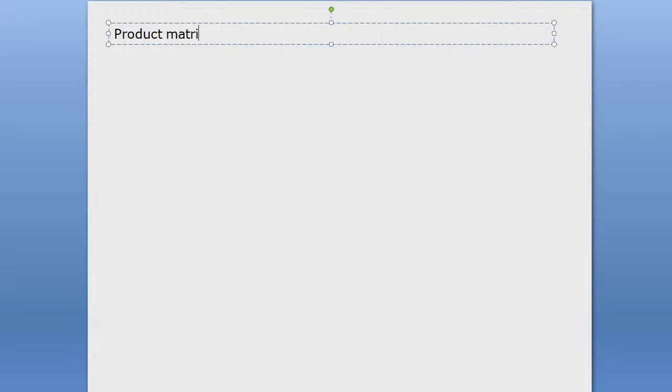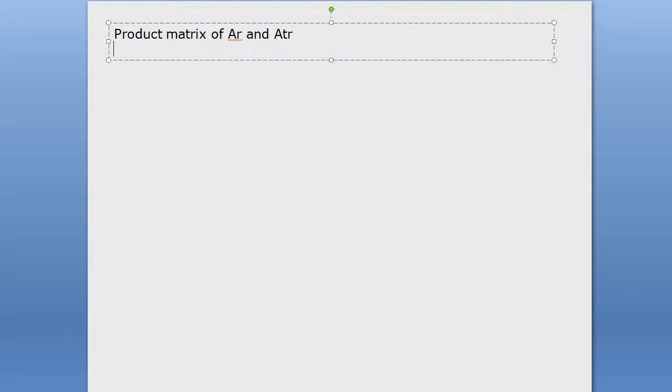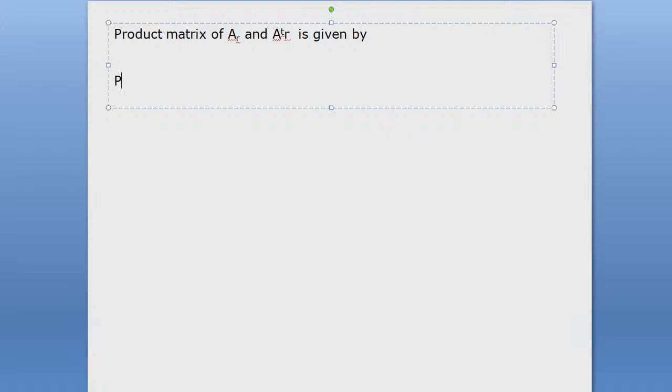The product matrix of a reduced and a transpose reduced is given by A_R times A_R transpose. Suppose P equals the multiplication of these two things.